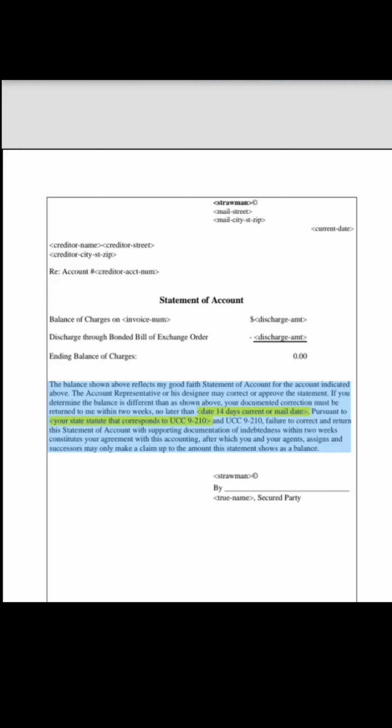Pursuant to <your state statute that corresponds to UCC 9-210> and UCC 9-210, failure to correct and return this statement of account with supporting documentation of indebtedness within 2 weeks constitutes your agreement with this accounting, after which you and your agents, assigns and successors may only make a claim up to the amount this statement shows as a balance. <Current date>. <True name>, secured party.